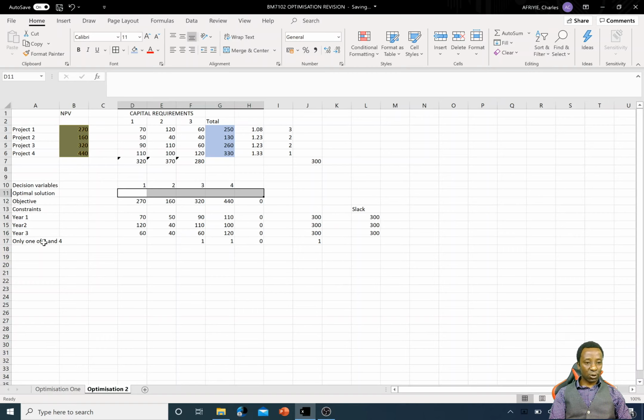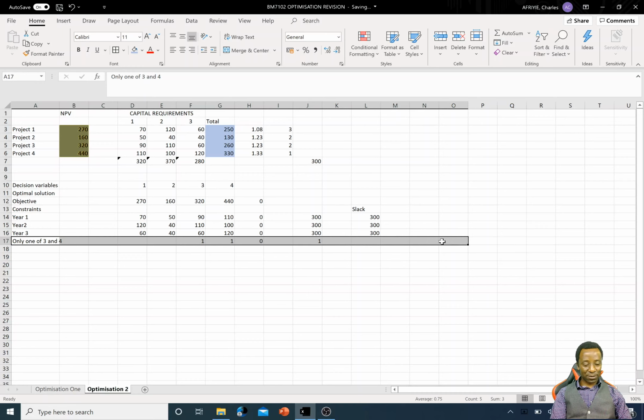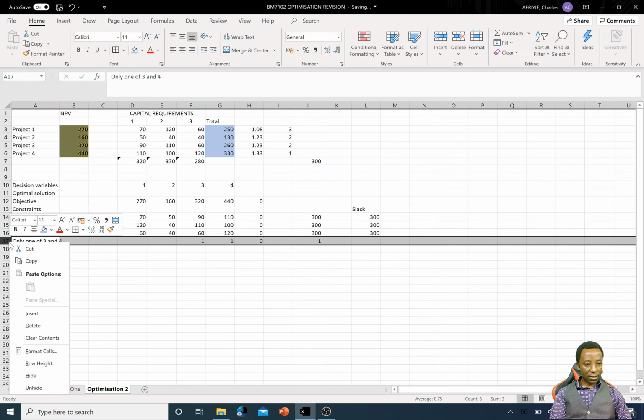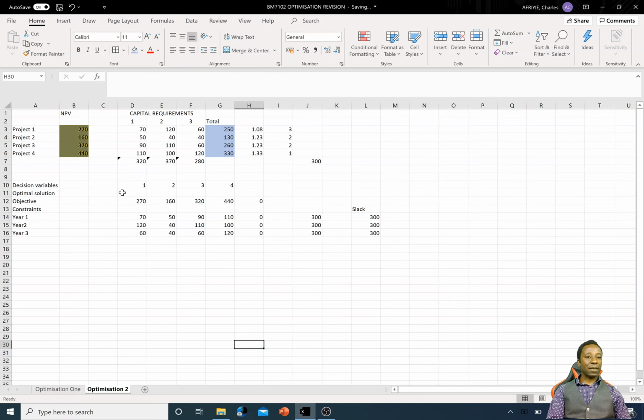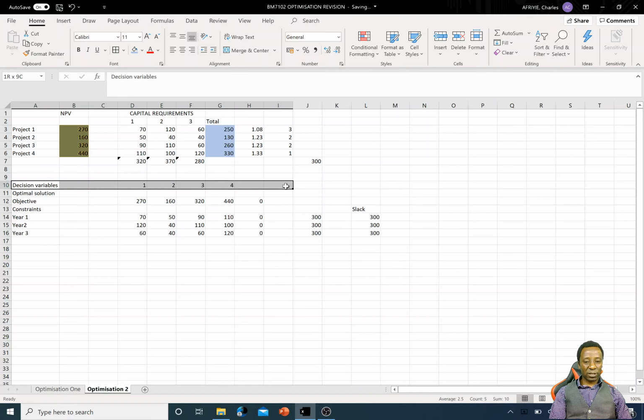Okay, so maybe get this guy out as well. And okay, so let's start the modeling. So these are our decision variables, and these are the choices that we have available. We have to choose between projects 1, 2, 3, and 4. Optimal solutions will come up here.